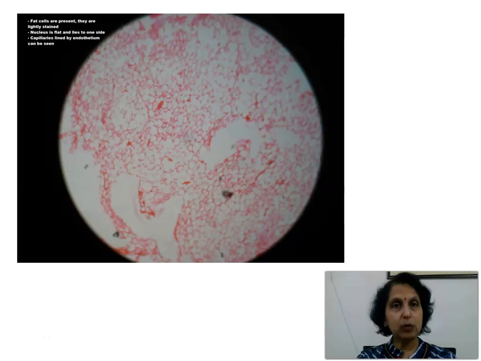And this is how the slide of adipose tissue looks like under the low power field, where we can see empty looking cells which are the adipocytes, the nucleus flat lying to one side. Capillaries also are seen in between, which are lined by the endothelium.